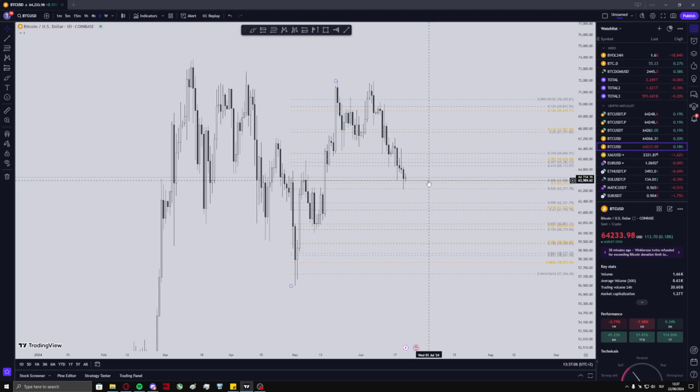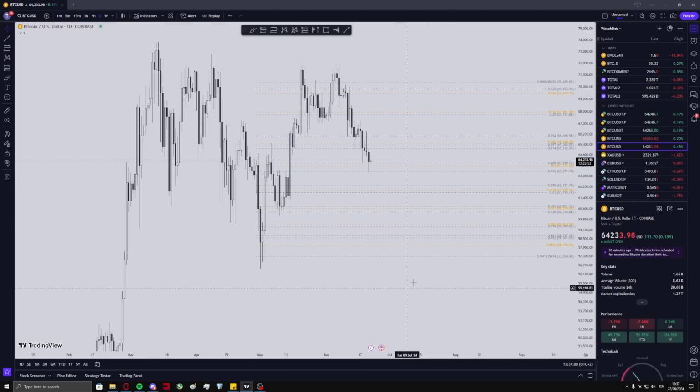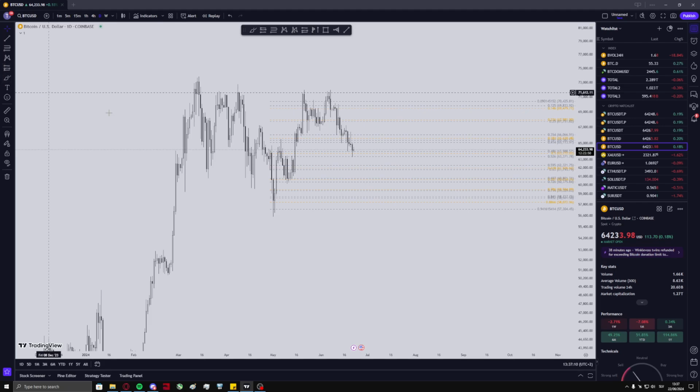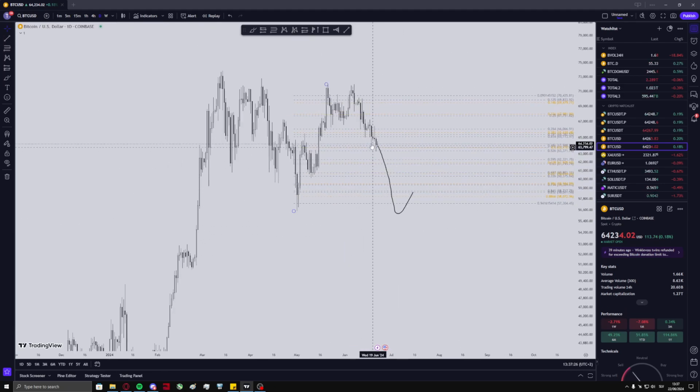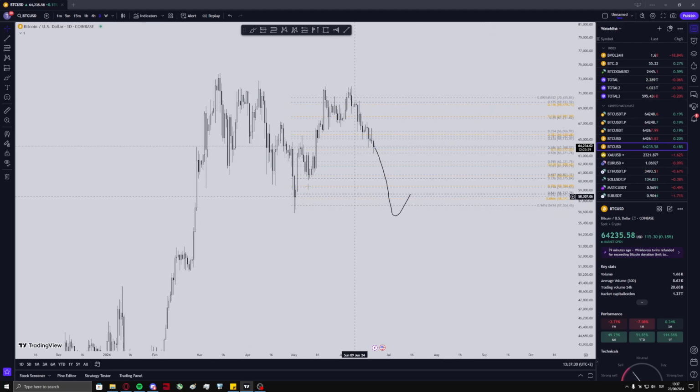Now, what you can do is, let's say potentially Bitcoin was going to drop below this low, okay? Now you see you have no fib numbers below this low, right?